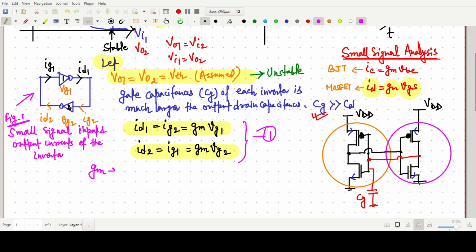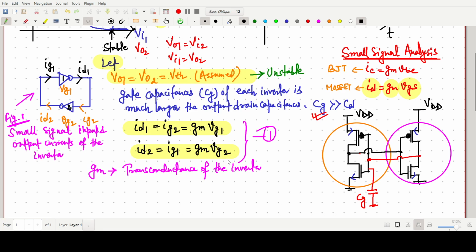This Gm is the transconductance of the inverter.